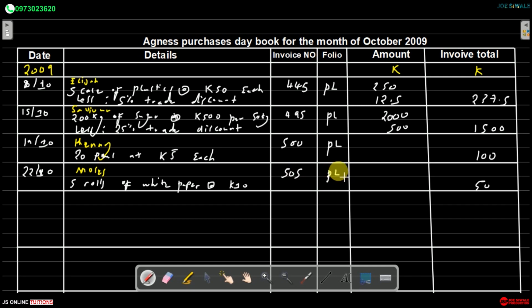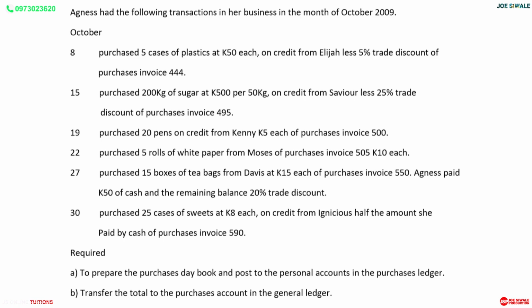Then on the 27th, purchased 15 boxes of tea bags from Davis at 15 kwacha each of purchases invoice of 550. Agnes paid 50 kwacha of cash and the remaining balance 20% trade discount.